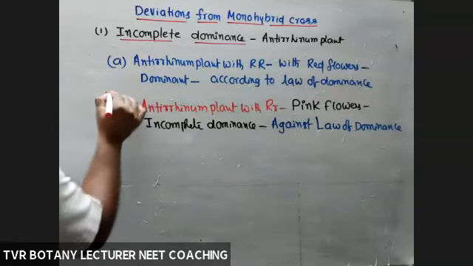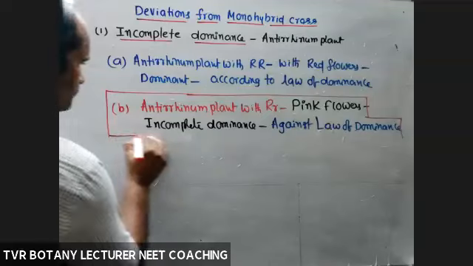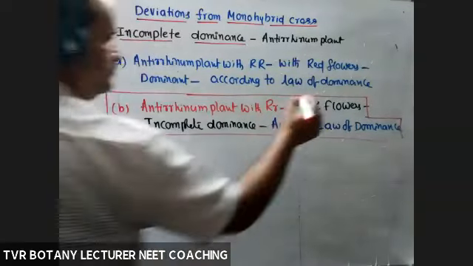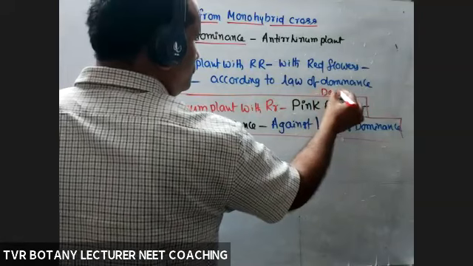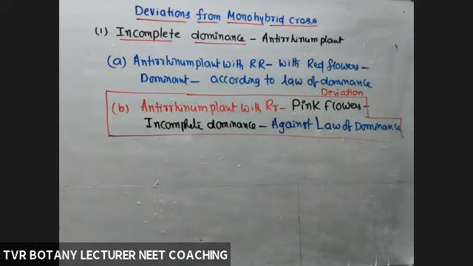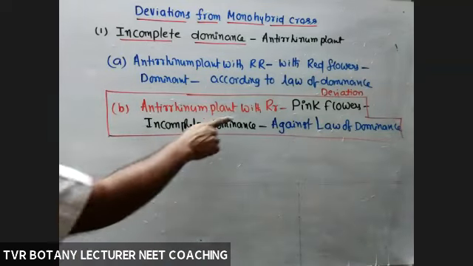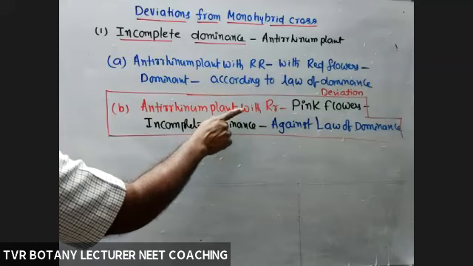This is a deviation from Mendel monohybrid cross, that is the law of dominance alone, not against the law of segregation, not against the law of purity of gametes. It is against the law of dominance. It should be the dominant color, but instead of dominant, pink appeared.